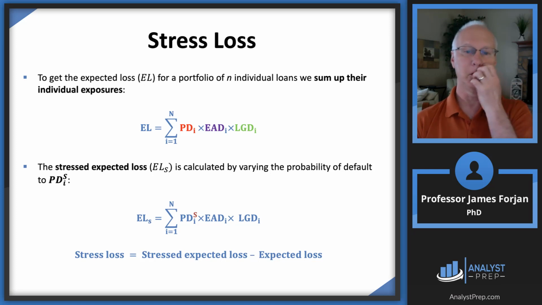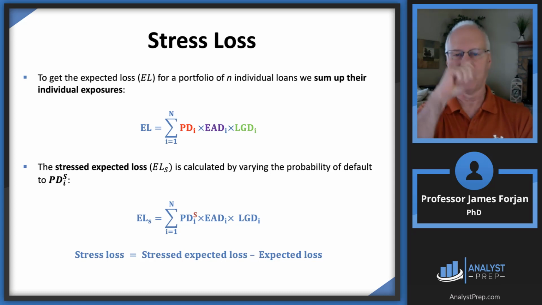And then what we're going to do, think of this Excel spreadsheet, we're going to go back and say, well, you know what? Our probability of default for a loan that we made to a particular business has a 2% chance of default.